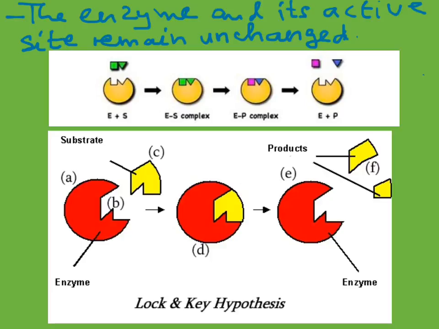We said a few minutes ago that at the end of this reaction of the lock and key hypothesis, the shape of the product is different to the active site and even to the substrate at the beginning. So look at the two products labeled F. You will see that their shapes are different to that of the active site and also different to the original substrate.